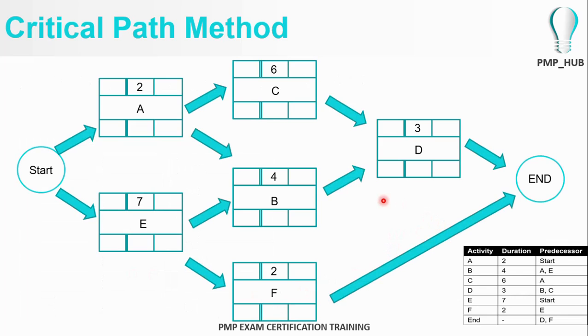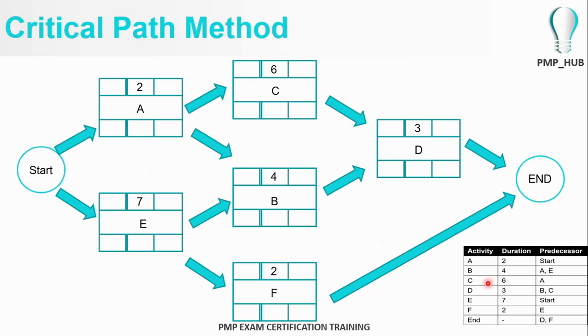Let's try to draw the network diagram. Activity A and activity E commence from the start. Under the notation, the center box indicates the duration of the activity, so 2 and 7 are there.